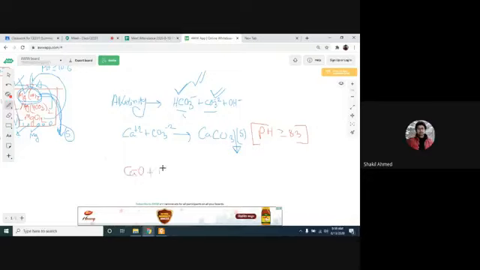In water, it reacts with water to form calcium hydroxide, and this increases the pH of water.